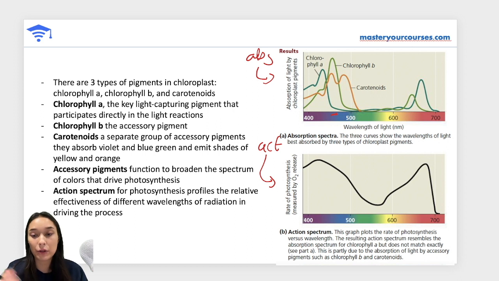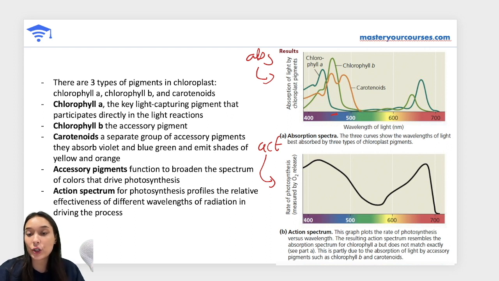The rate of photosynthesis is usually measured in the amount of O2 released, because O2 is a byproduct. So most of the time you can measure the rate of photosynthesis by looking at how much O2 is released, because that's the end product. Again, just to recap, the absorption spectrum looks at the absorption of wavelengths per individual pigment and how much light they actually absorb.